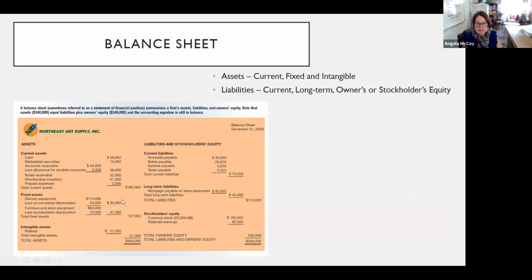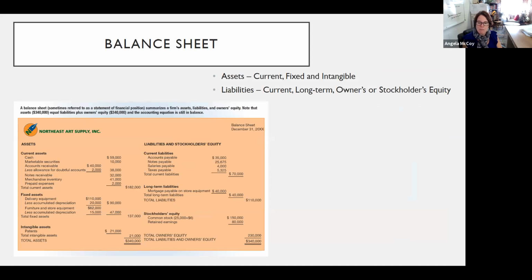A balance sheet, sometimes referred to as the statement of financial position, is a summary of the dollar amounts of a firm's assets, liabilities, and owner's equity accounts at the end of a specific accounting period. The balance sheet must demonstrate that assets are equal to liabilities plus the owner's equity, and the accounting equation is still in balance.